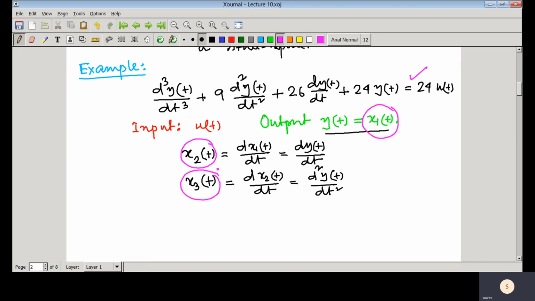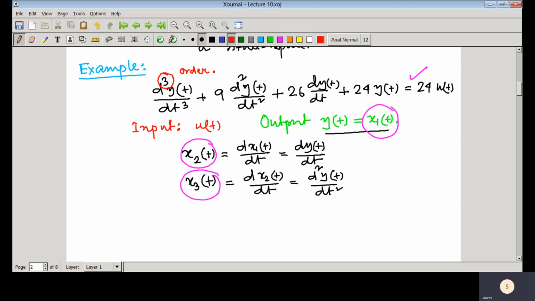So you may ask, how do we know how many state variables are required to represent this dynamical system? Yes, that is very important. So basically this particular number tells you how many state variables you need to describe this dynamical system. So that means the order of the differential equation would be equal to the number of state variables.